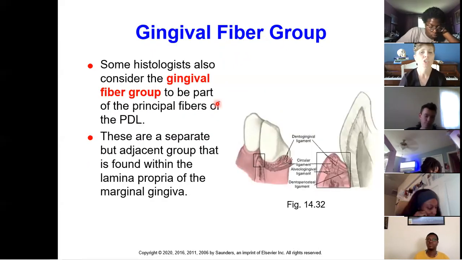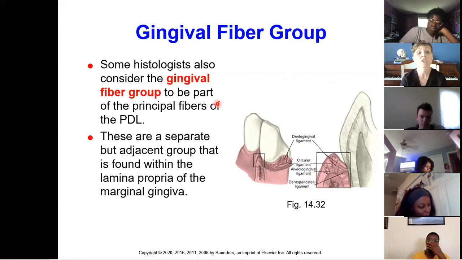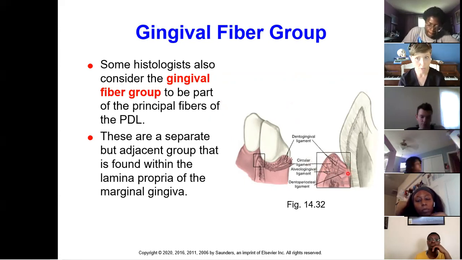All right, so here's your gingival fiber group. Some histologists also consider the gingival fiber group part of the principal fibers of the PDL. These are separate but adjacent groups that are found within the lamina propria of the marginal gingiva. So again, here's our marginal gingiva, this little piece right here, not all down here.